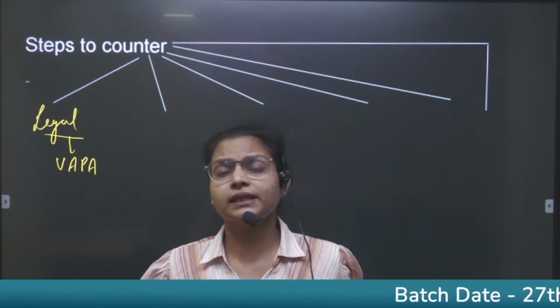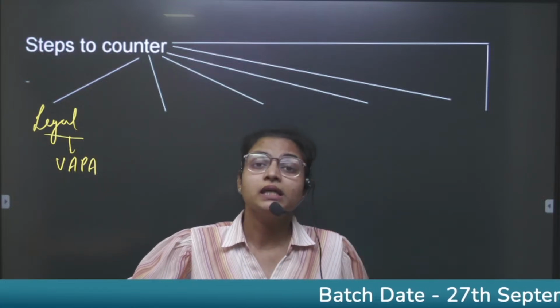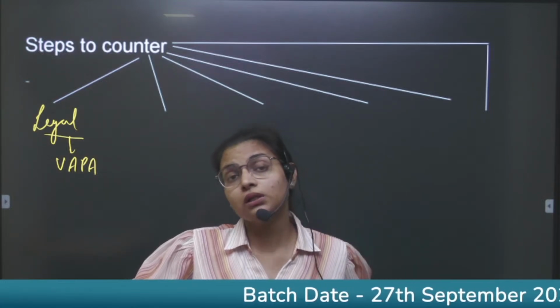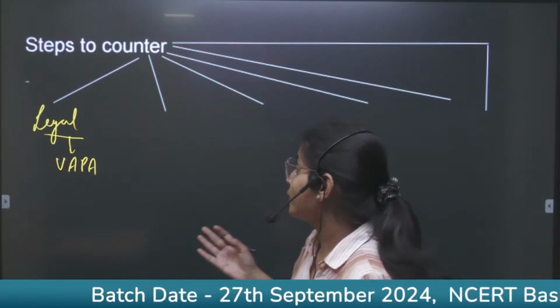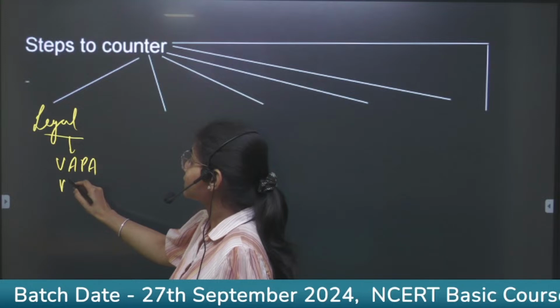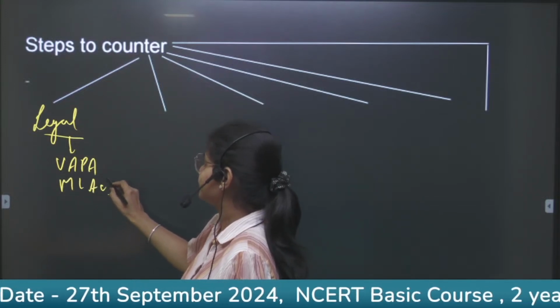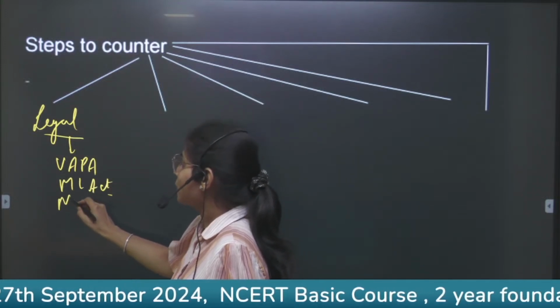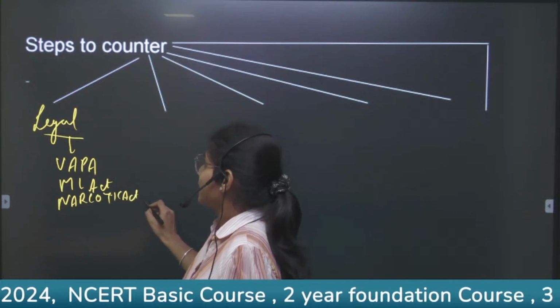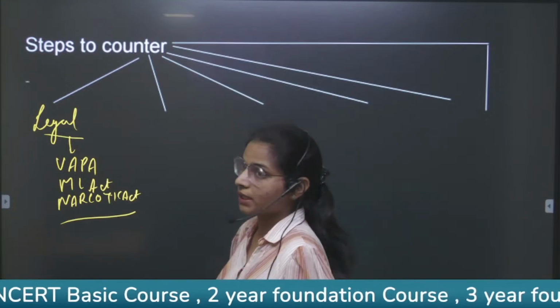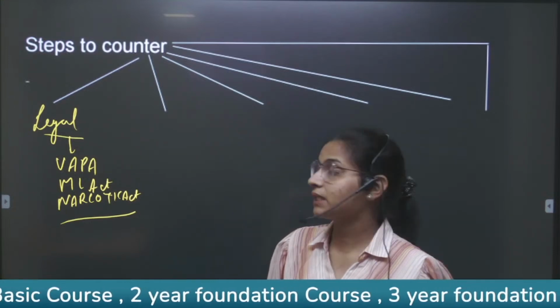Under this, recently we have made an amendment that even an individual can be tagged as a terrorist. You can also write about the Money Laundering Act. We have a Narcotics Act. So these are the legal measures taken.